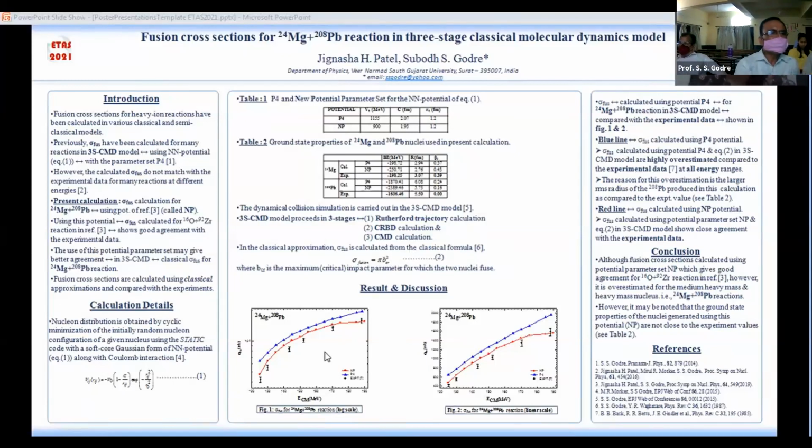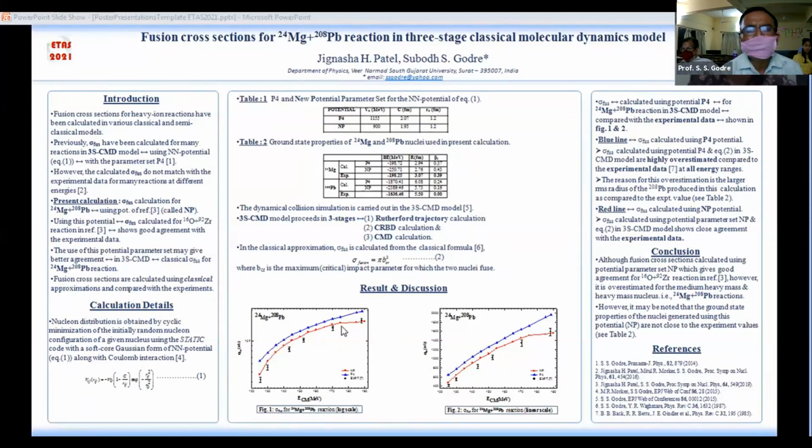Here, figure 1 shows the fusion cross-section for 24 magnesium plus 208 lead in a logarithmic scale, and figure 2 shows the fusion cross-section for 24 magnesium plus 208 lead in a linear scale.